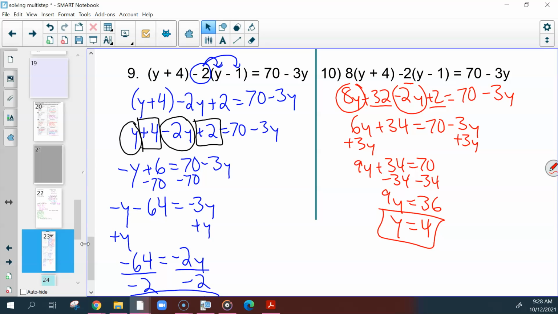It's written, I don't know why I put 10. But y equals 4 was your correct answer. Oh, I see. Did this have an 8 in front of it? Yeah, yes. That's why this is wrong. This is the same one.